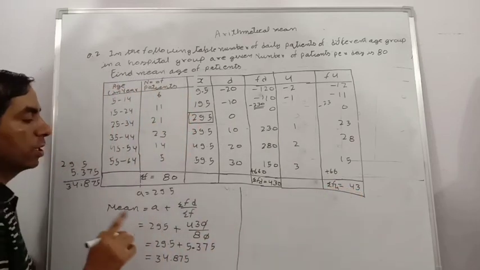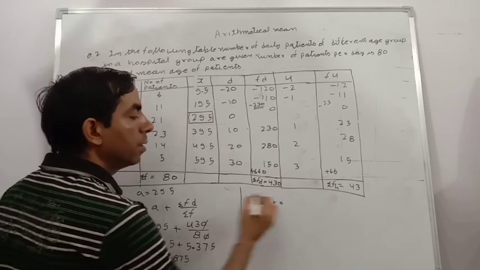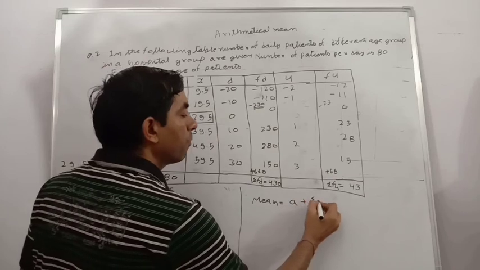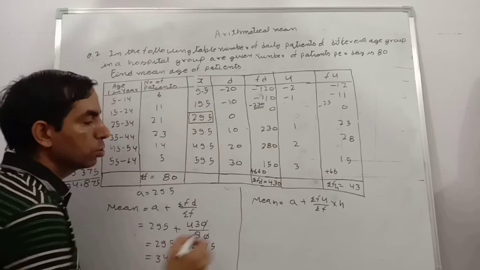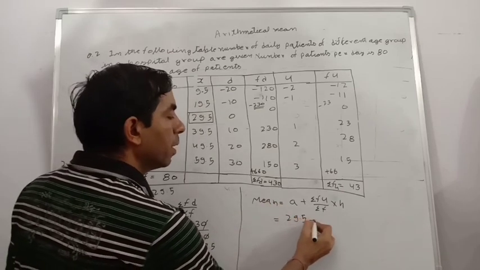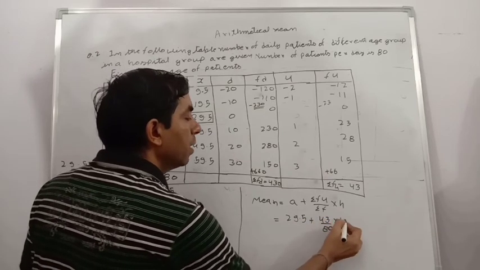Summation of fu is 43. So solve it by the mean method by fu: A plus summation of fu upon summation of f multiplied by h.